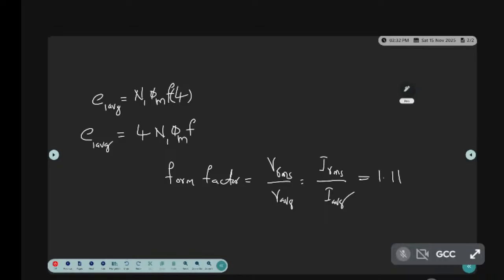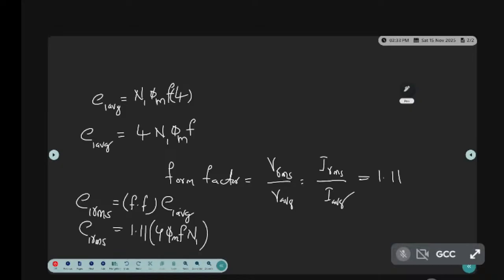So E1 RMS is equal to form factor into E1 average. That is 1.11 into 4 into Φm into f into N1. So E1 RMS, which can be written as capital E1, is equal to 1.11 into 4, which is 4.44 f Φm N1.